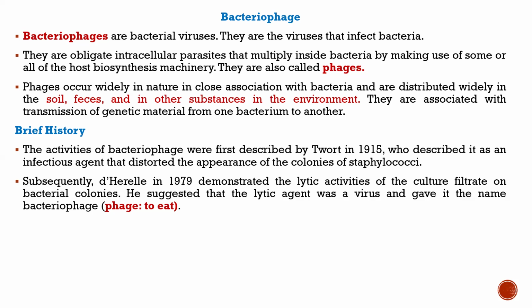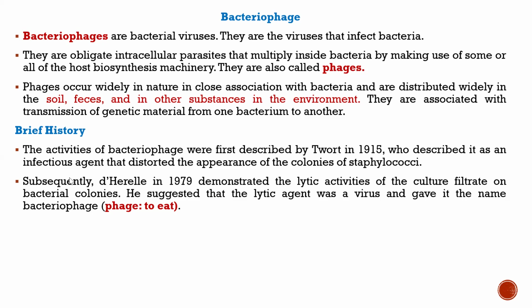Okay, so just a brief history for us to know how this bacteriophage came about. The activities of bacteriophage was first described by Twort in 1915, who described it as an infectious agent that distorted the appearance of colonies of staphylococci. Okay, so it was first discovered in the colonies when they were culturing Staphylococcus species.